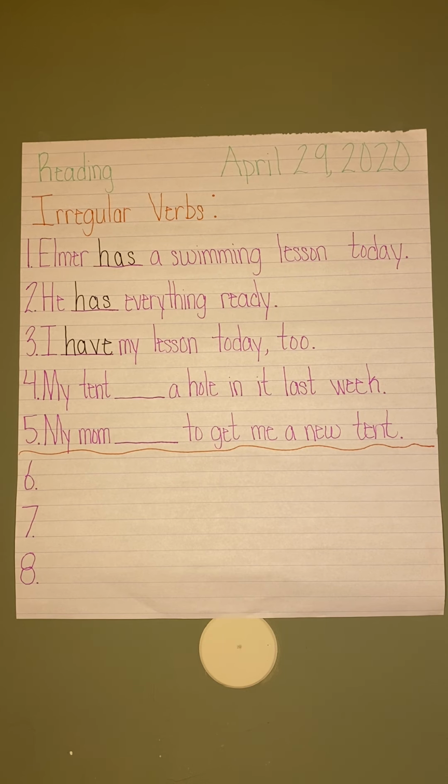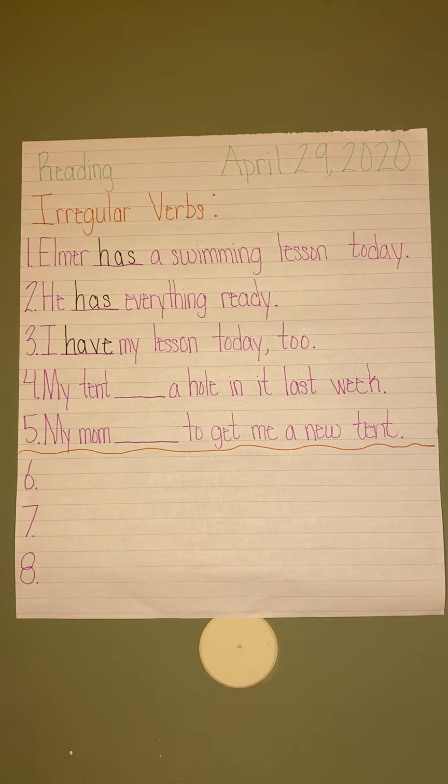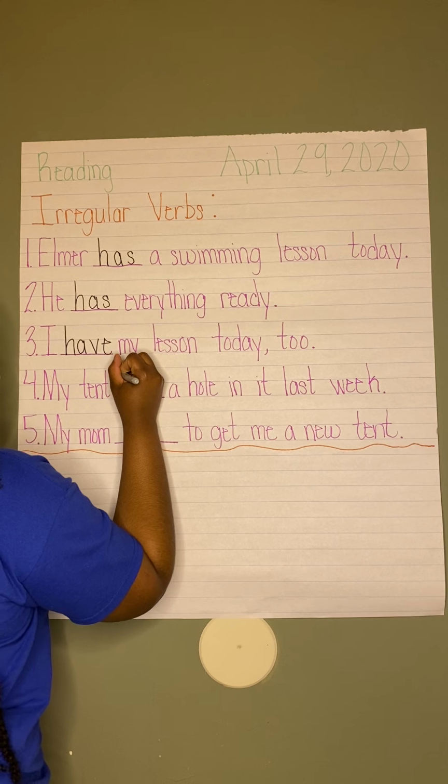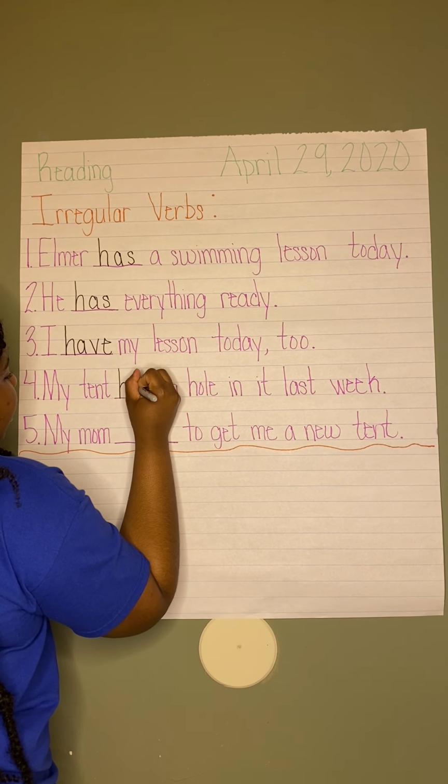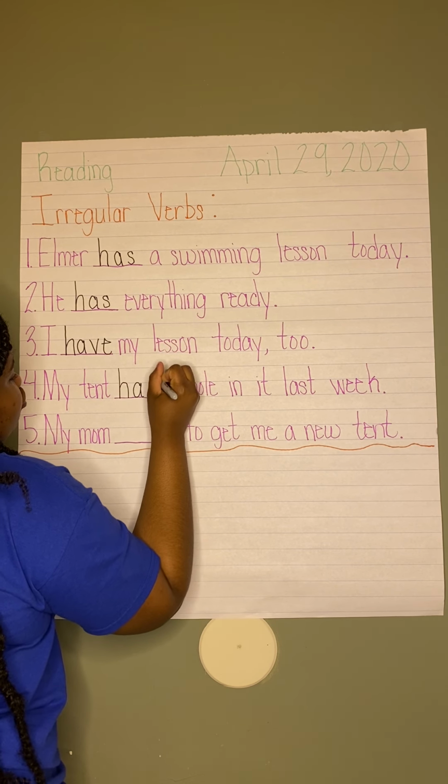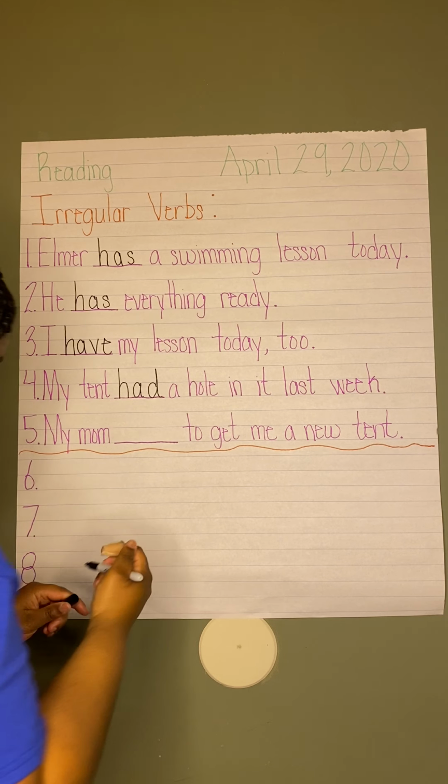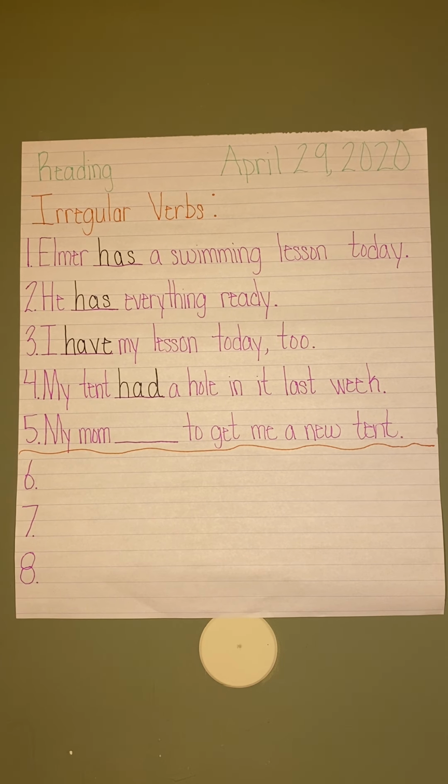So your sentence should read, my tent had a hole in it last week. You're going to circle the word had, and then rewrite the sentence with the word had in it.